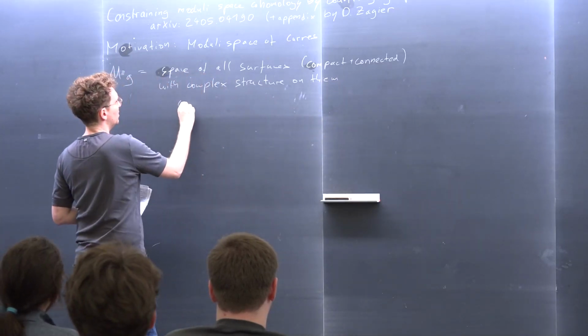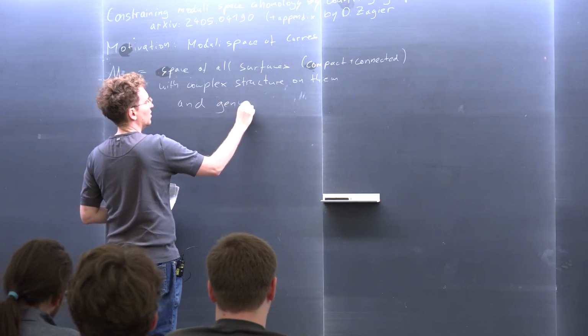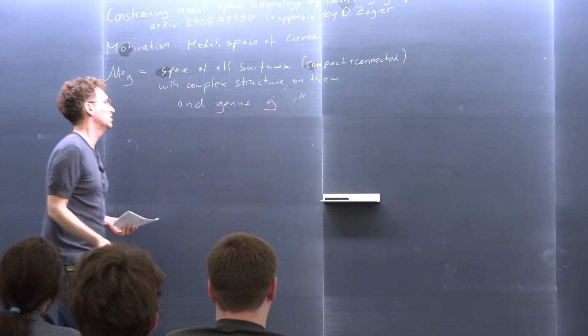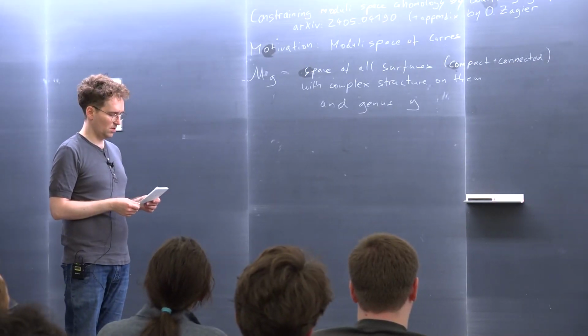And we fix the genus of the surface. So small g is just the genus of the surface that we want to study.